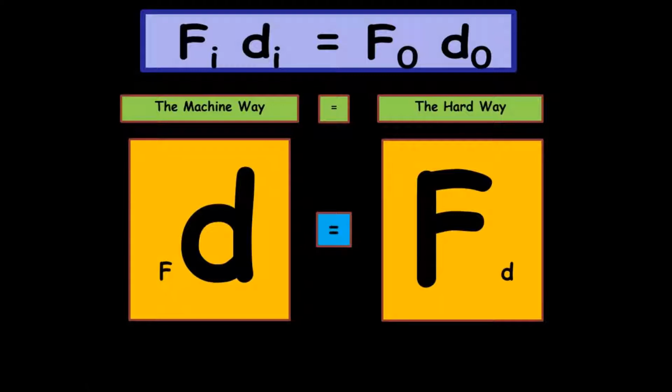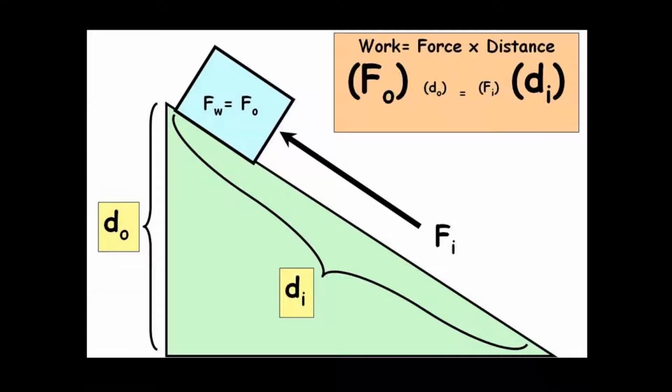If I look at an inclined plane, this is just the same as in your equation pack. The DO is going to be smaller than the DI, and the FI is going to be smaller than the FO. The FO is the same as the weight of the object. Even though I don't have it written here, the FI is going to be the same as the applied force, or the amount of force I use to push the load up the plane.